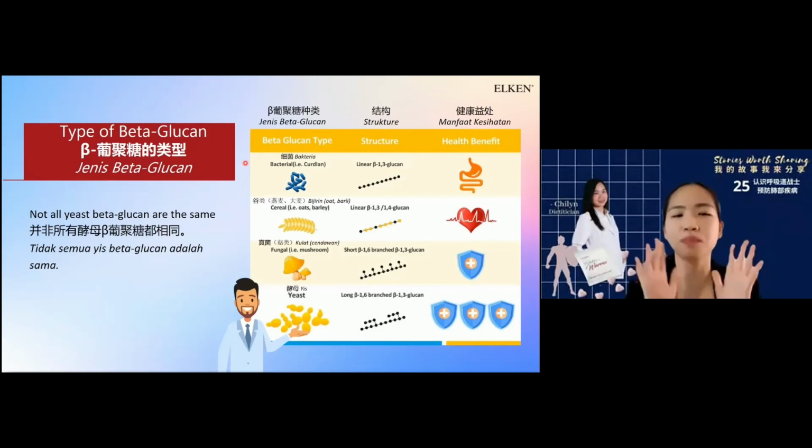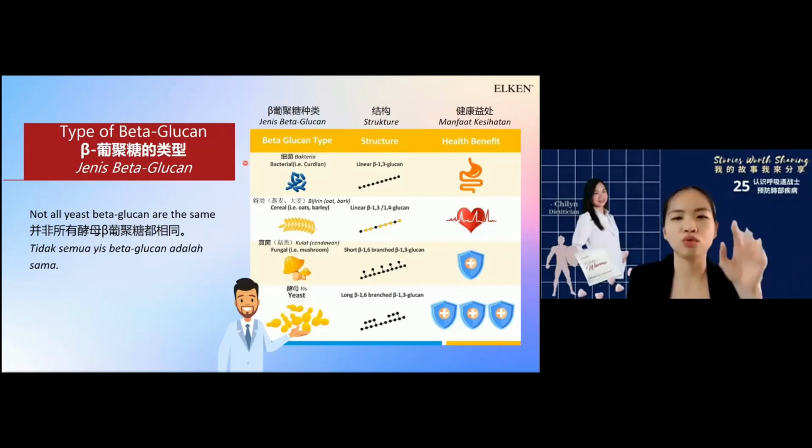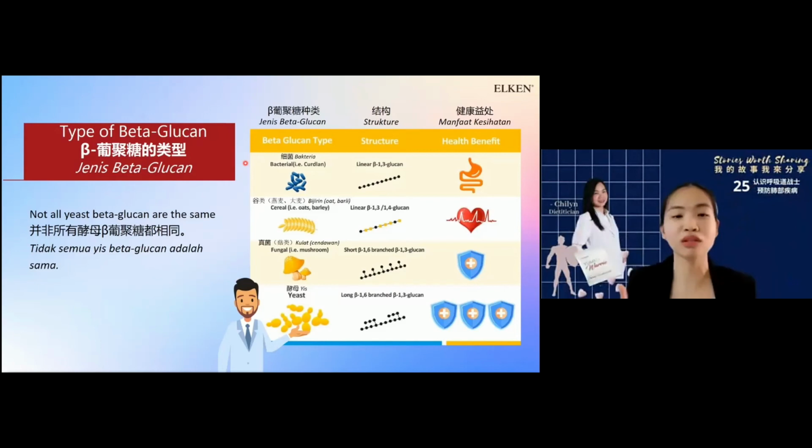It's like how digits, they're like crisscrossing each other. So it has many types of splitting arrangement, but actually they are different types of beta-glucan. The ones we use in Yummy Warrior is long beta 1,6 and branched beta 1,3 glucan.